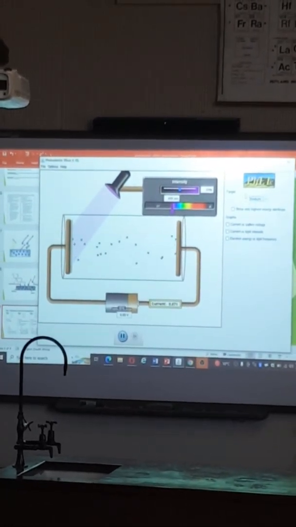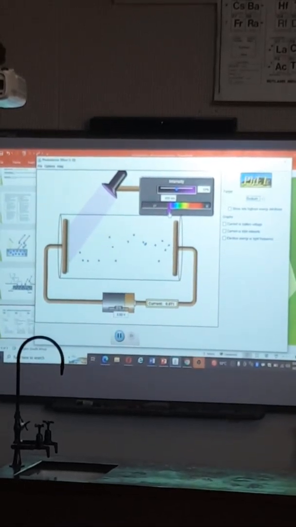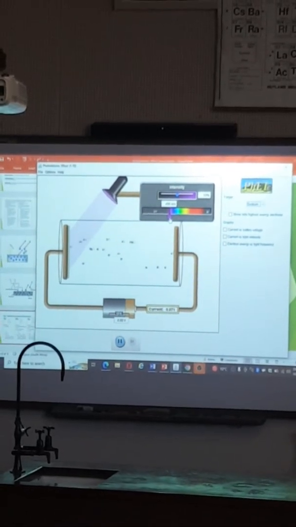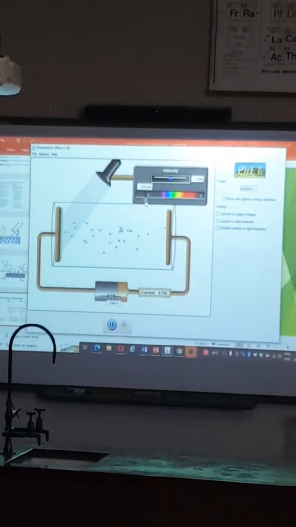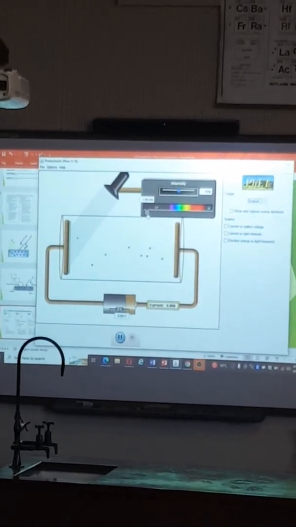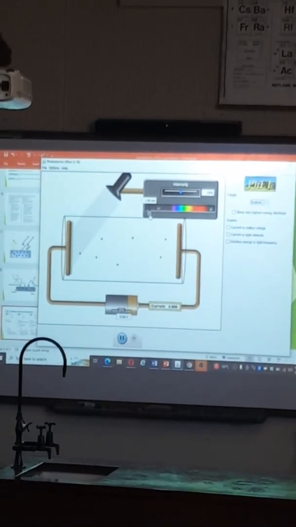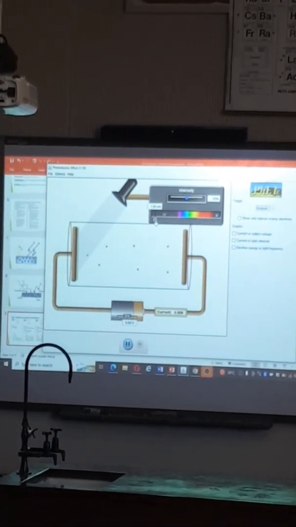The more you increase the frequency, of course, when you increase the frequency, you must decrease the wavelength. As you can see here, the electrons are becoming faster because the more you increase the frequency, the more the energy increases.